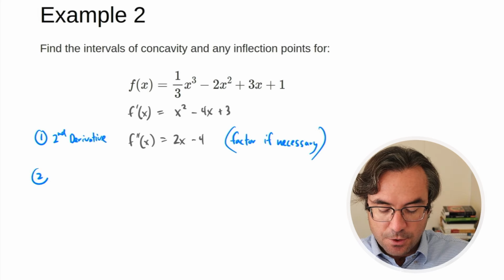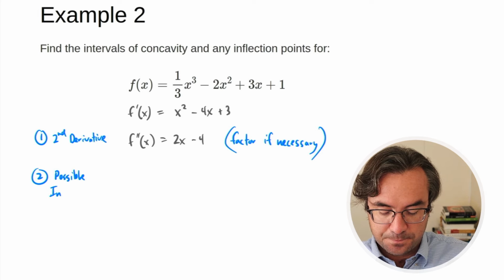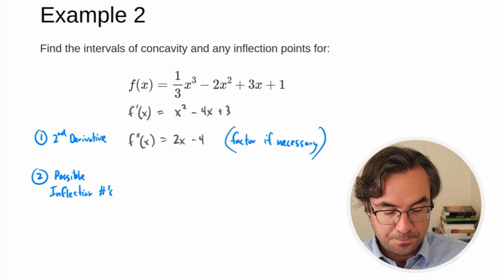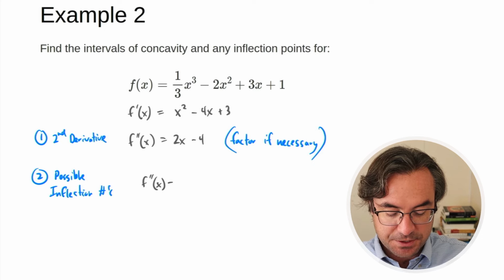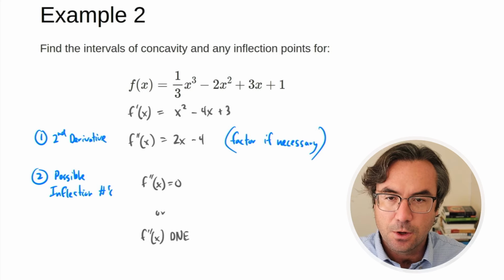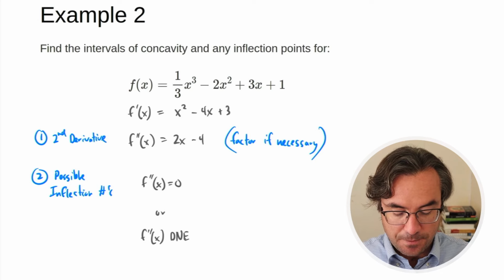All right, so then we want to find the possible inflection numbers. This is where the second derivative is either equal to 0 or where the second derivative is undefined. Okay, so those are the two options.